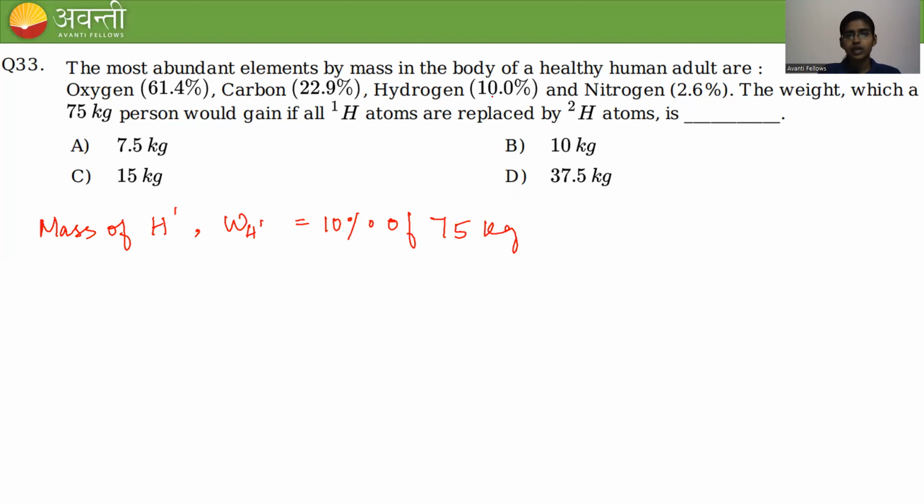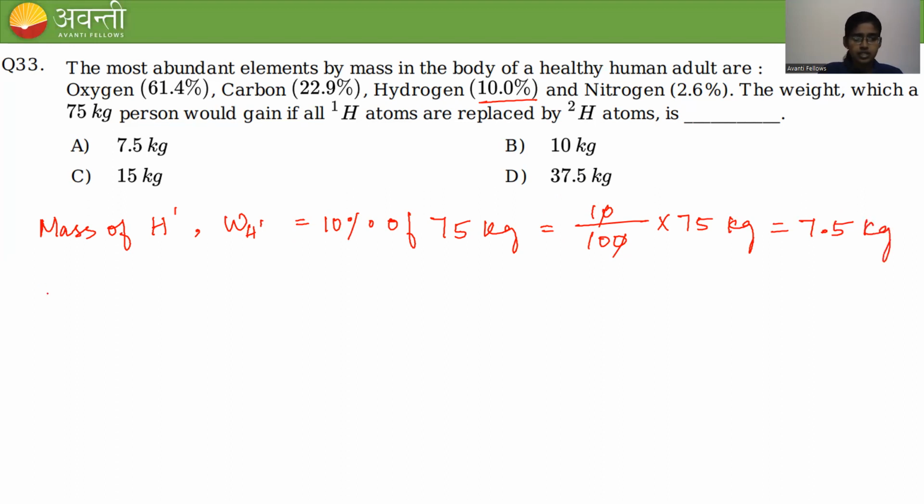So you can see the mass is 10%. So what is 10%? It is 10 by 100 into 75 kilogram, in which the 0 gets cancelled. 75 divided by 10 is 7.5 kilogram.